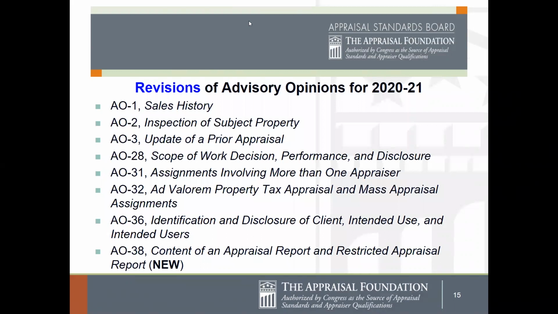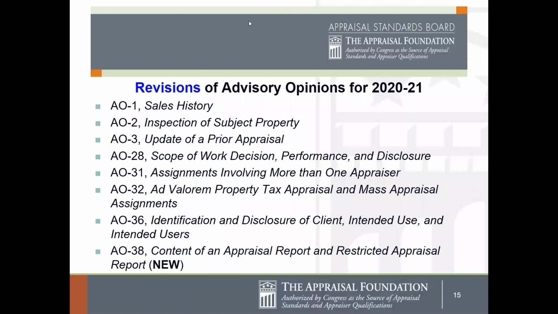In addition, this advisory opinion provides guidance as to when it is permissible to convey appraisal results in a restricted appraisal report format, when it may be appropriate to issue a restricted appraisal report, how to disclose restrictions on the use of a restricted appraisal report, the implications of work file retrieval arrangements for the client or a reviewer, provides examples of the differences between stated and summarized, in this case in the context of a real property appraisal report, and addresses some circumstances when an appraiser might need to exceed the minimum reporting requirements under either the appraisal report or the restricted appraisal report options.